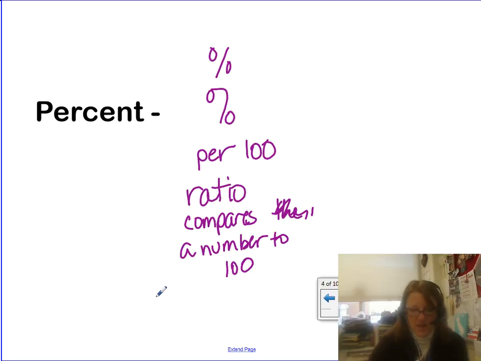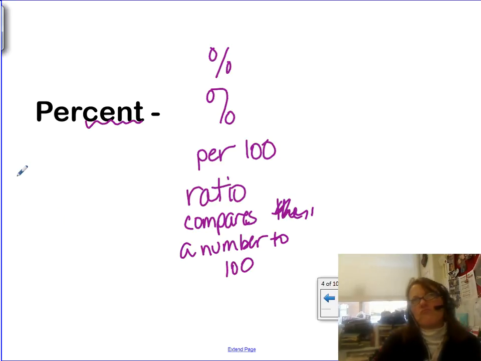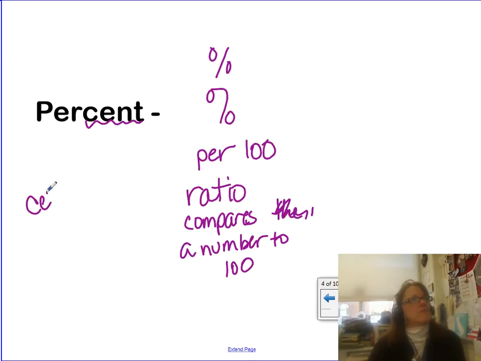All right. Now, maybe some words that have this root of cent in there somehow ring a bell and have to do with hundreds. Can you think of any? Last chapter we talked about the metric system, so I think centimeter or centigram, centiliter. Centi is 100.